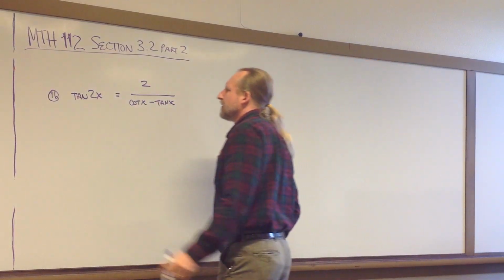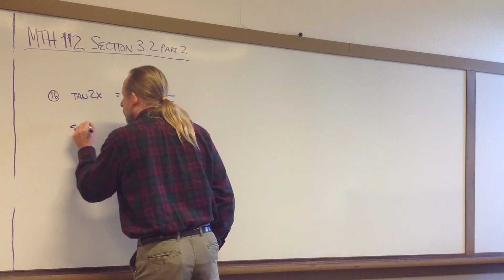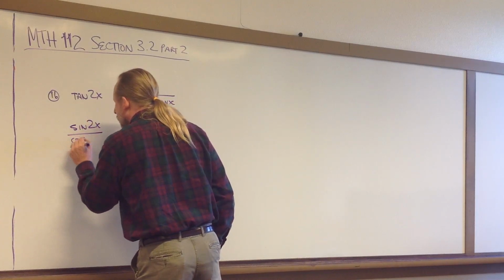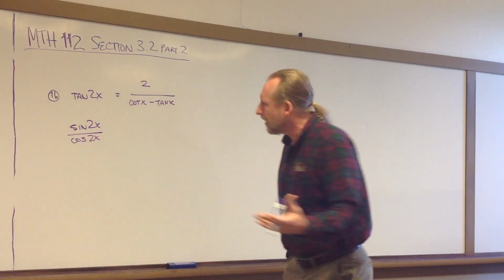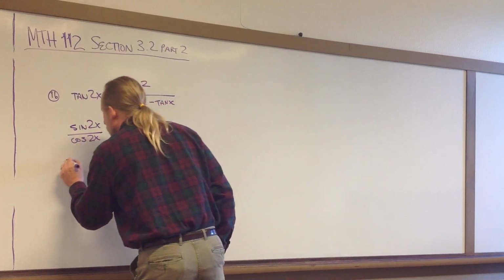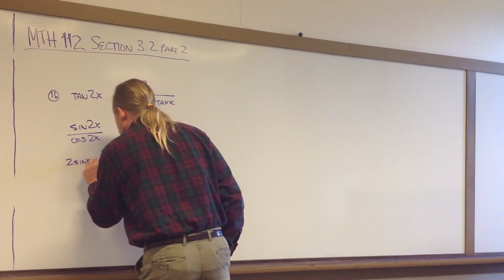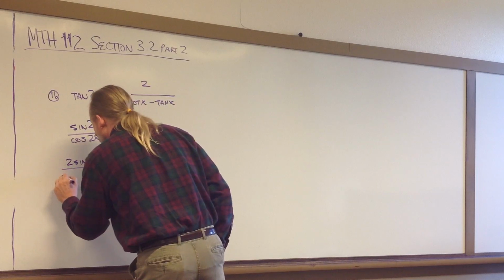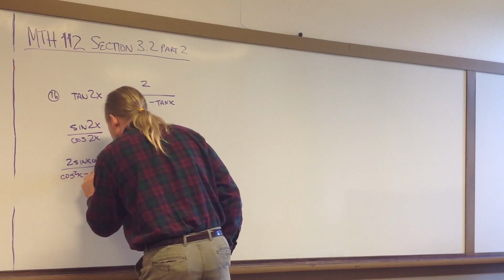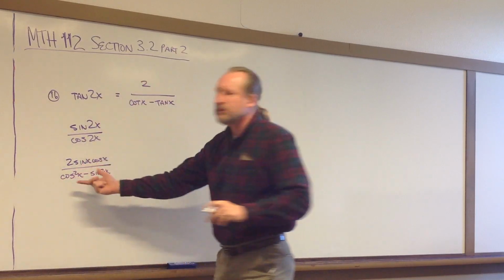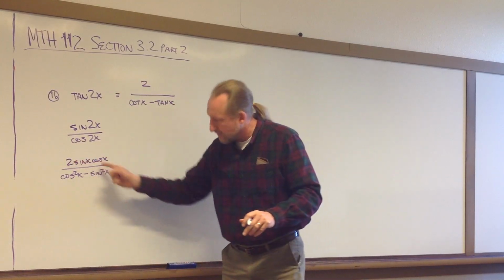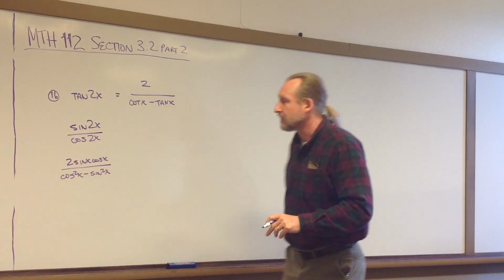I seem to remember that there is one, but in any event, what I normally do here is just write this as sine 2x over cosine 2x, and then we can use those identities, cosine squared minus sine squared. Now don't fall into the trap of trying to cancel here. You can't cancel these because of that minus sign, okay?